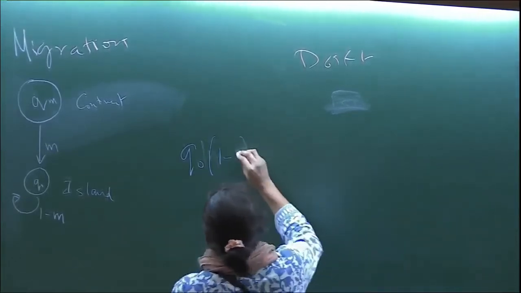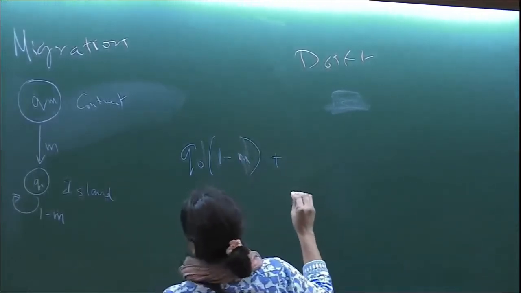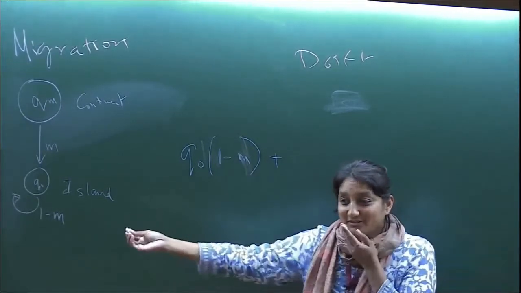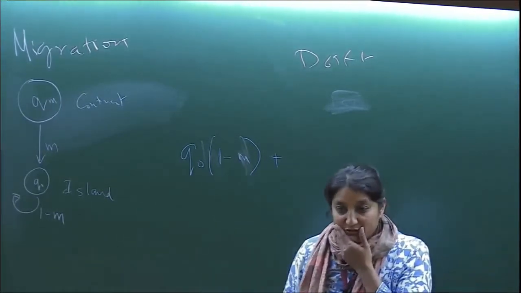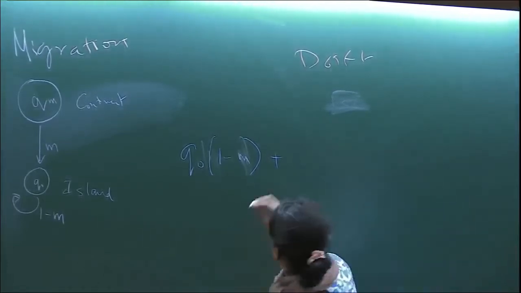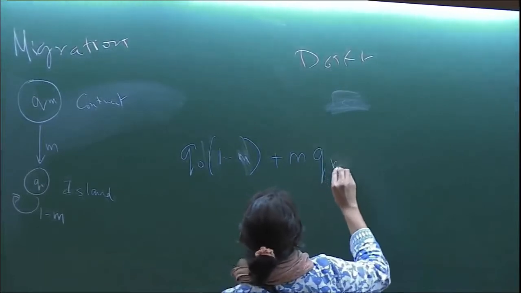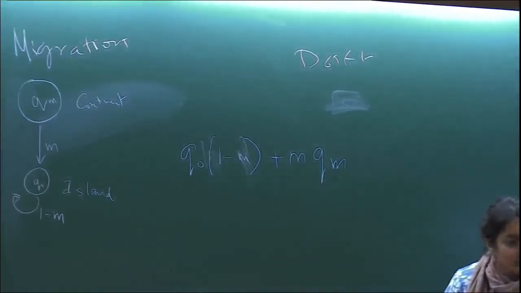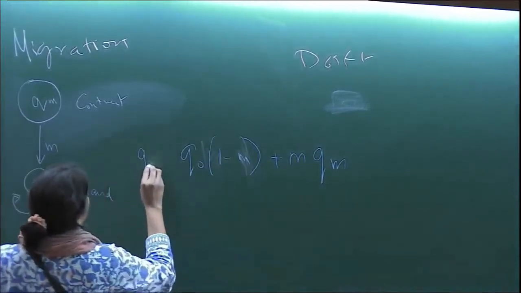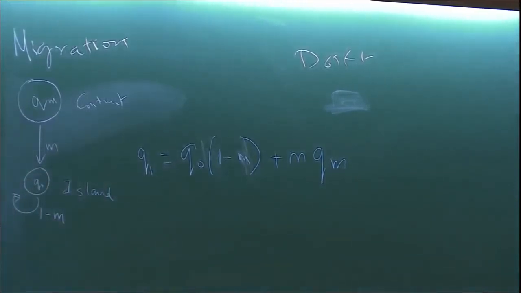Plus, who are the rest? M individuals. What is their allele frequency? Qm. M into Qm. And what is this? Q1, the frequency of Q on the island after one generation.